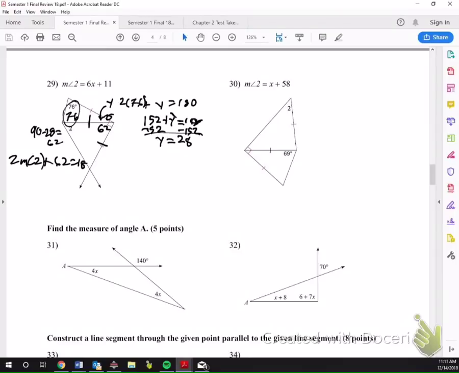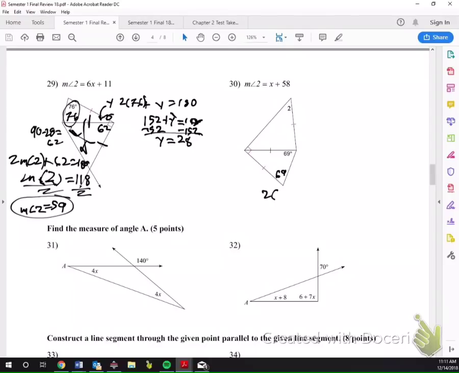Well, because this is an isosceles triangle, so we know that those two are also congruent. That gives us 2 times the measure of angle 2 equals 118. Divide both sides by 2, and we get the measure of angle 2 equals 59 degrees.